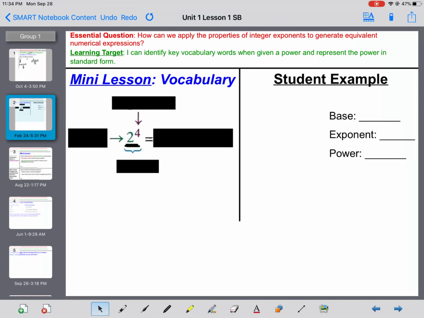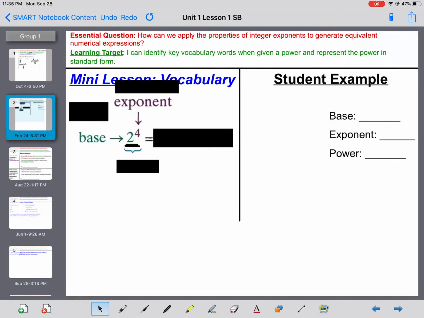The vocabulary word pointing to the number 4 is exponent. The vocabulary word pointing to the number 2 is base. 2 raised to the 4th power as a whole is the word power.